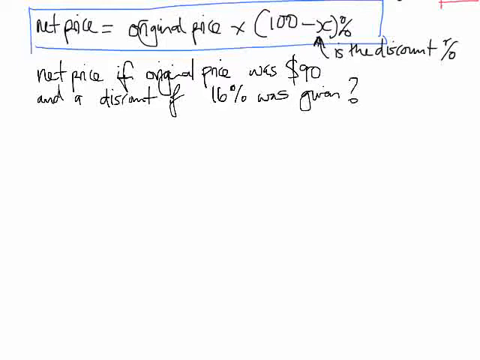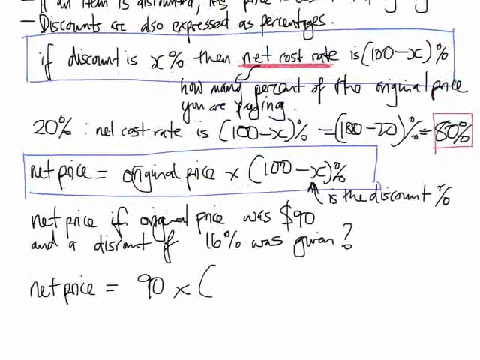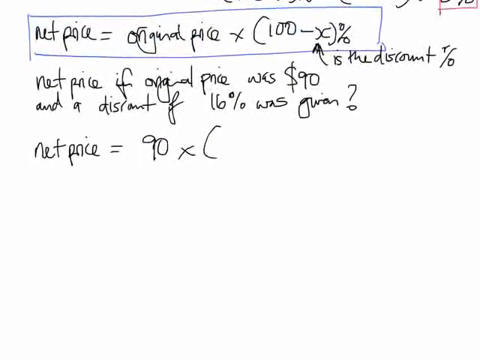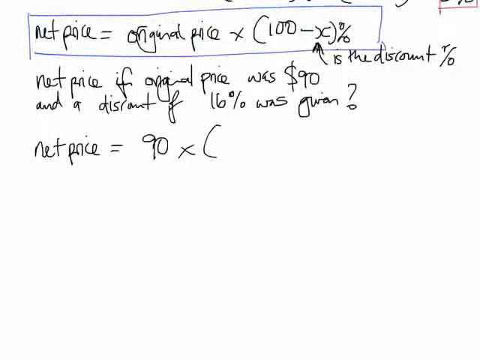Alright, so what do we know? We don't know the net price. That's what we're trying to find out. What was the original price? $90 times by... What was the net... What do we call it again? What was the net cost rate? In brackets. Well, what's the discount percentage? 16.